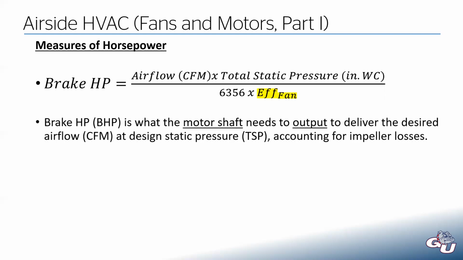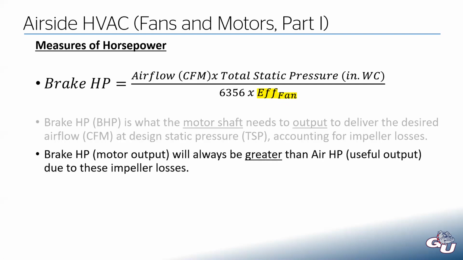What does our motor shaft need to output to deliver, again, whatever airflow we need at whatever static pressure we need? But now we're accounting for the impeller losses. And because the efficiency of the fan is always going to be less than 1, our brake horsepower, the output from the motor, is always going to be greater than the air horsepower, which is our useful output, every single time.